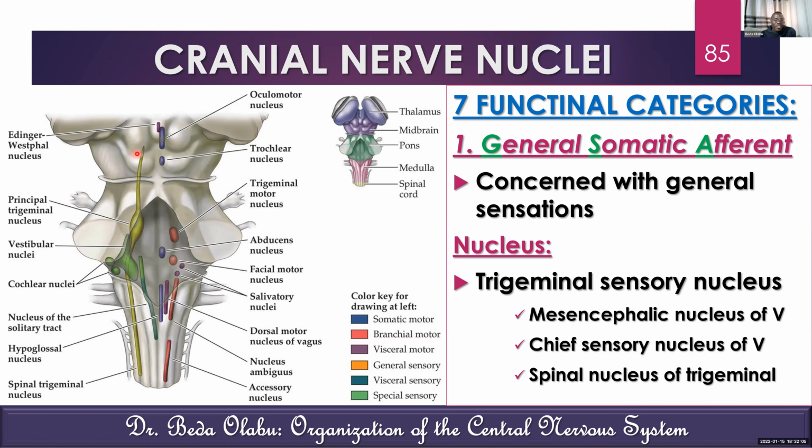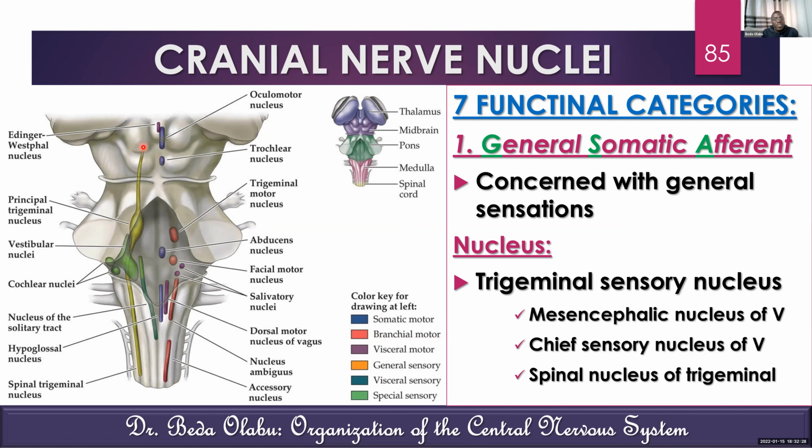It's a long nucleus, as we can see in this image, very long. It means the point of synapse of the first order sensory neurons going in, apart from the one we see on the upper part though.